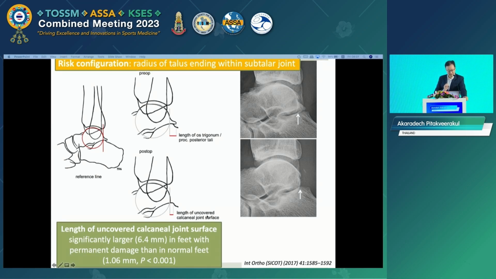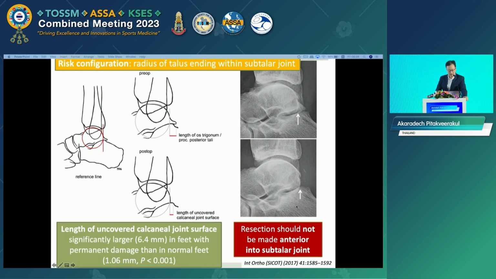So the pressure is increased a lot after resection. The length of uncovered calcaneal joint surface was significantly larger in feet with permanent damage than in normal feet. So they suggest that resection should not be made anteriorly into the subtalar joint in case of the radius of the talus ending within the subtalar joint, to prevent the stress reaction.